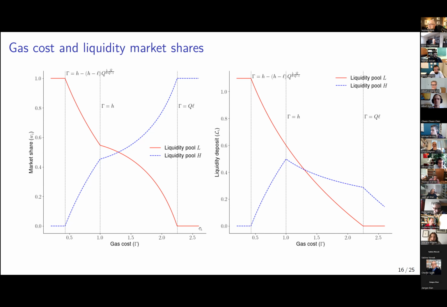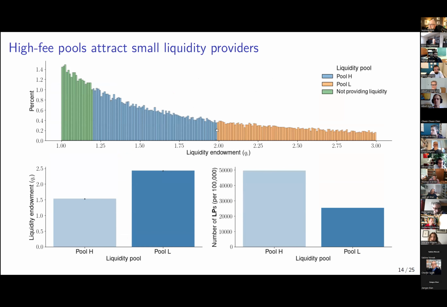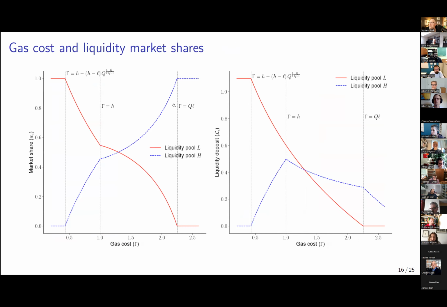So basically the marginal trader here switches over to the right. So we see more people coming onto the high fee pool, leaving the low fee pool. If the gas costs increase even further, then we see that more and more people are getting crowded out, right?